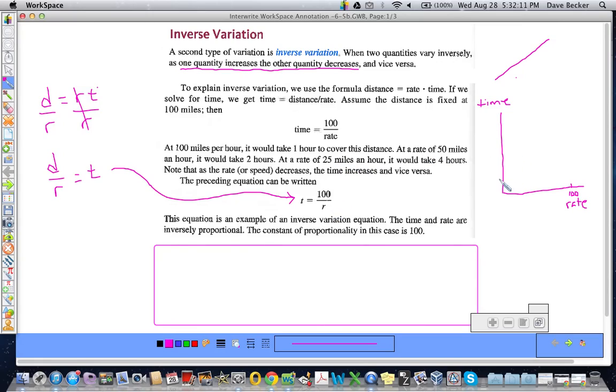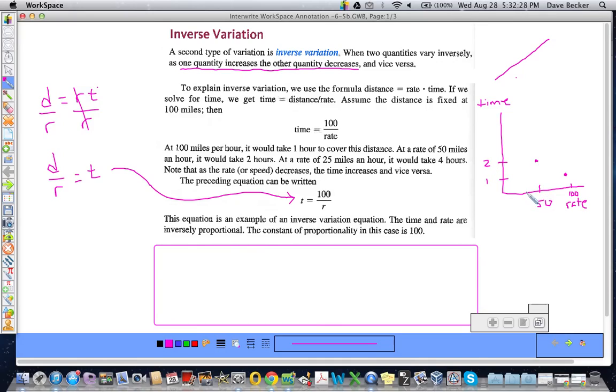So time would be 1. That's going to be this ordered pair right here. At a rate of 50 miles per hour, 100 over r, time would be 2. So it would look like that.